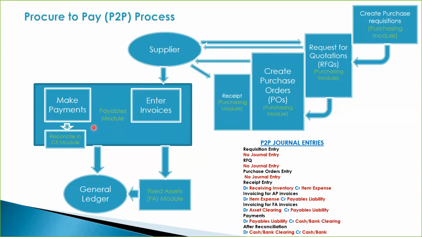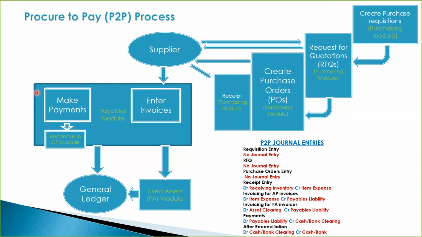For example, if it's an immediate payment, then once the invoice is entered, the payment also will be made. We will cut a check and send it to the supplier, or we might do a wire transfer to the supplier's bank account.